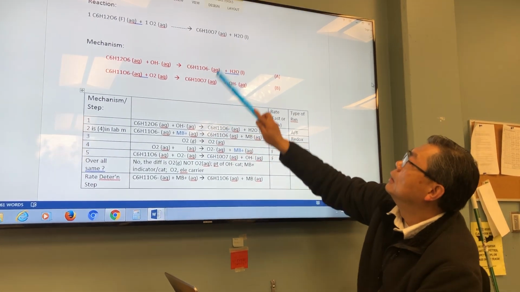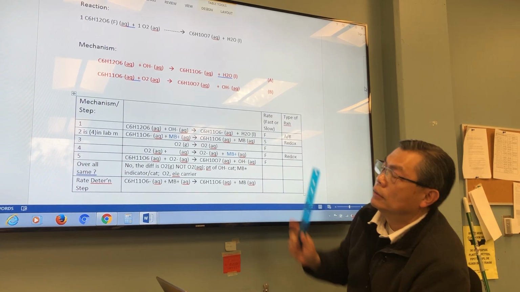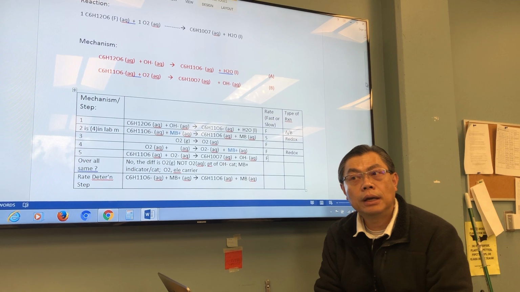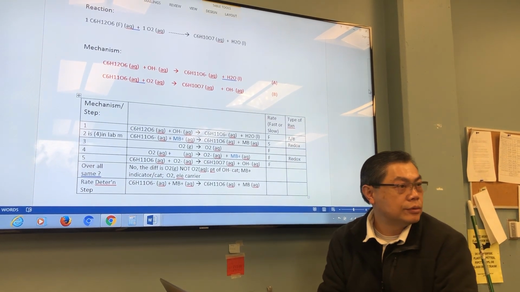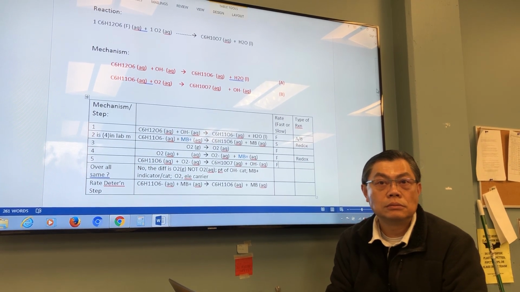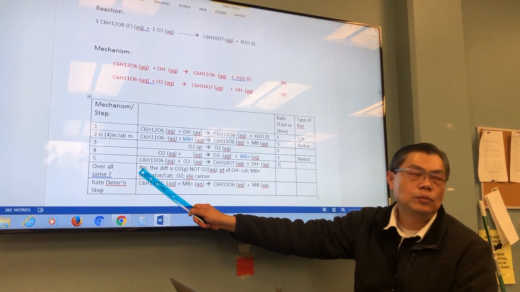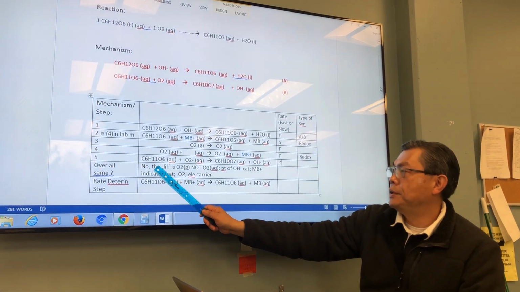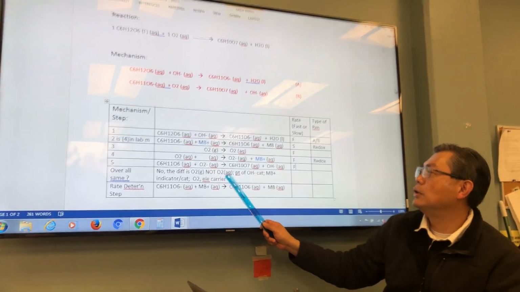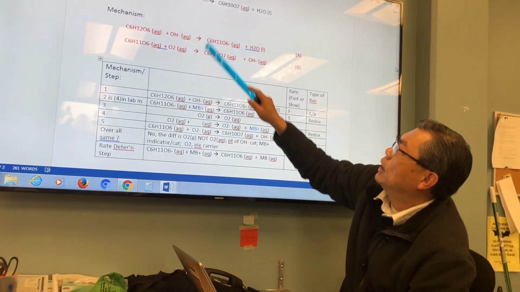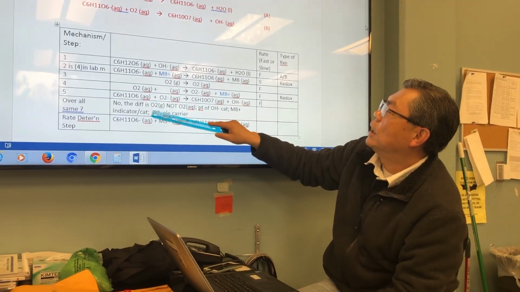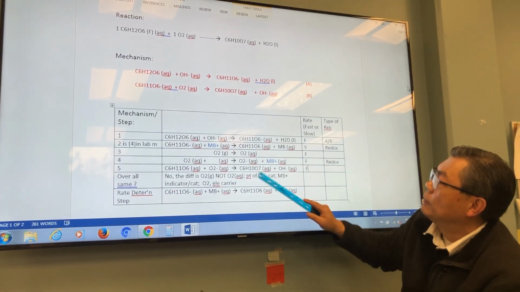The overall, is it the same as the first one, our subject reaction, yes or no? No. What's the difference? The difference is oxygen gas, not oxygen aqueous. So this is oxygen aqueous, but when we combine these 5, we get oxygen gas instead of oxygen aqueous.